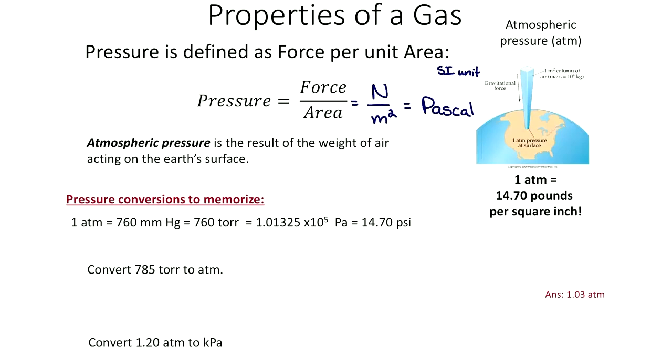It would be 14.7 pounds per square inch of column above your head. So that's where atmospheric pressure is coming from. It's literally coming from the particles above our head out into space. That's where pressure comes from.